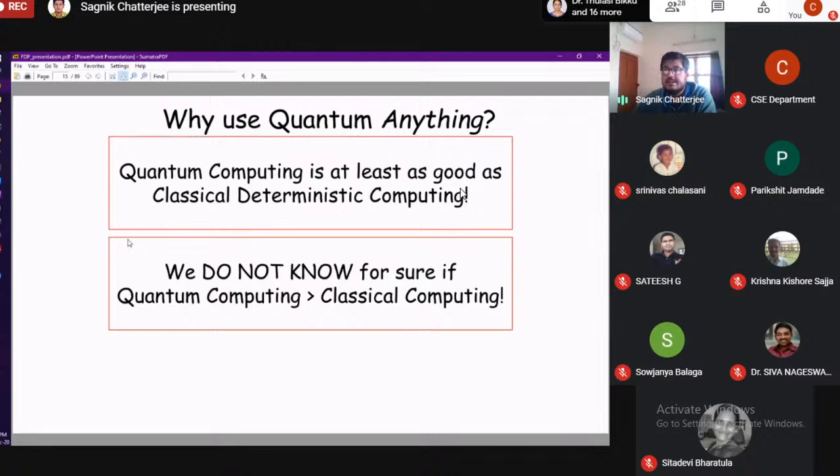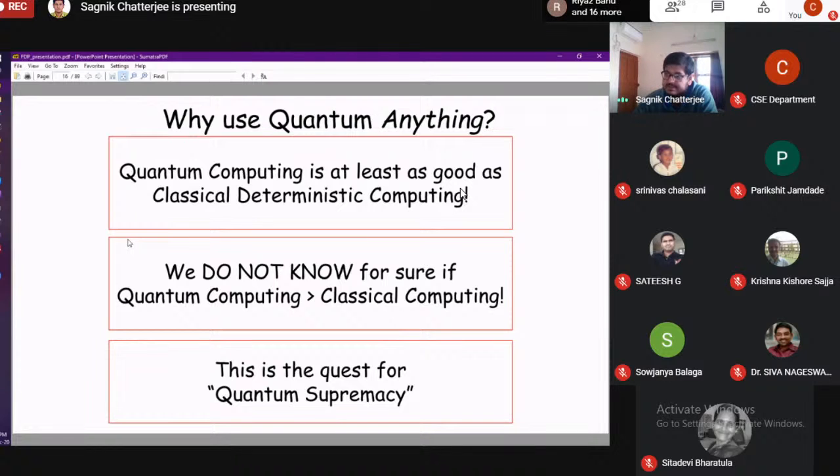The main reason why we use quantum computing is that since it is based on quantum mechanics, we have access to the wave properties of particles, which helps us in some cases to demonstrate exponential speedups. But we do not know for sure if this is the general case for everything. Also, we do not know if classical computers can or cannot give those exponential speedups.